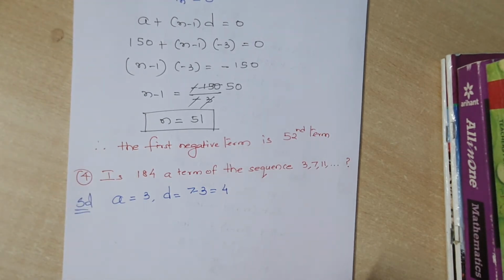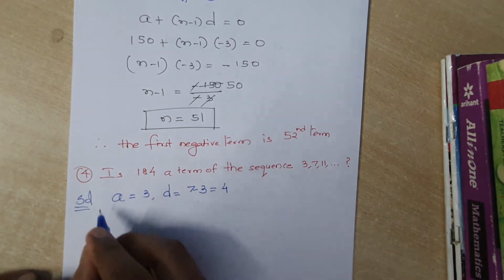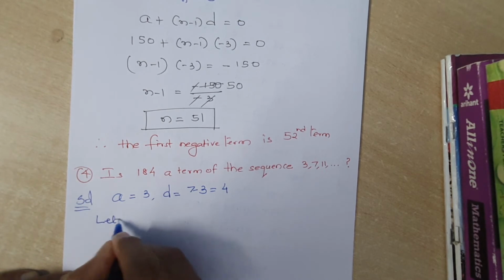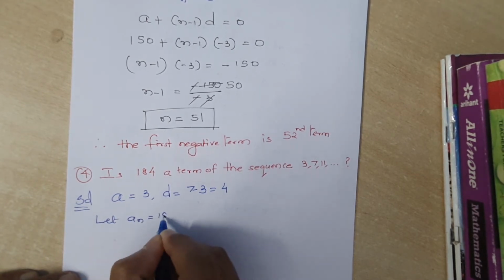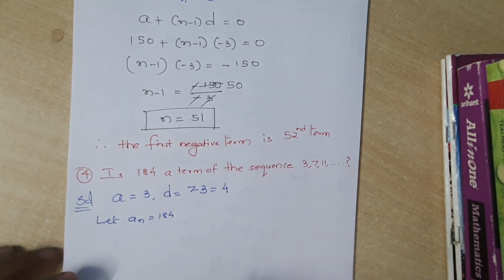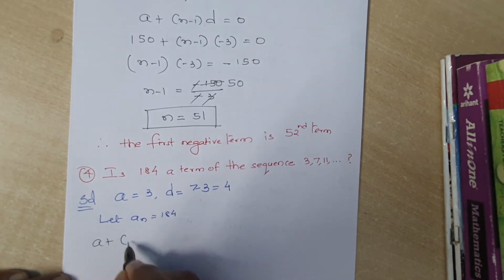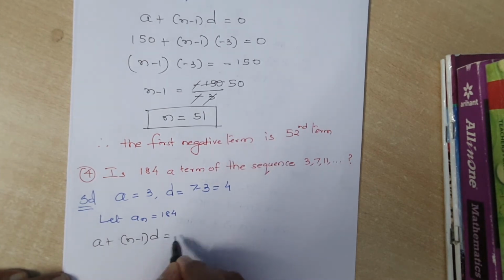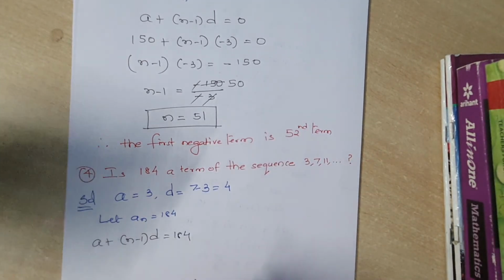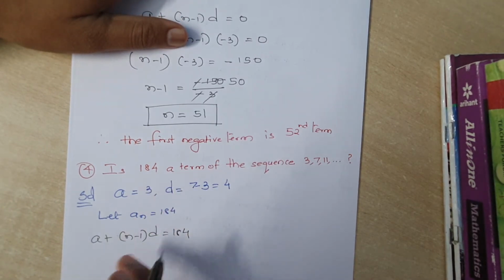Now what? Let an is equal to 184. ഇനി നമുക്ക് എന്റെ ഫോർമുല എക്സ്പാൻഡ് ചെയ്യാം. So substitute the values of a and d.